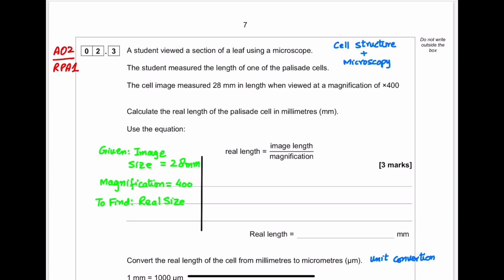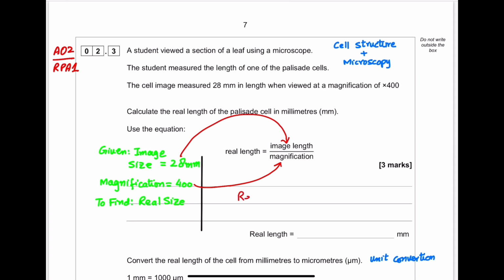We are already given the size of the image, 28 mm, or the image length. The magnification is already given, that is 400. We need to find the real size or real length. So image length is coming here. The magnification is used here.